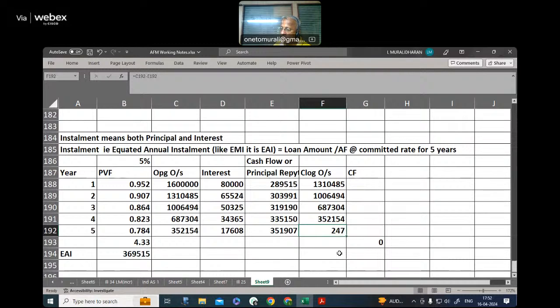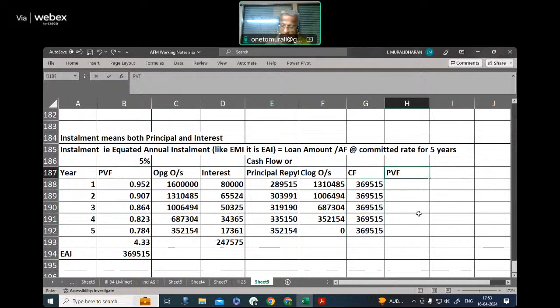So 17,609 minus 247. 17,361. Right. So I have made the adjustment there in interest. Correct. So this is the way our cash flow is going to be, interest plus principal. Correct. This is the cash flow.